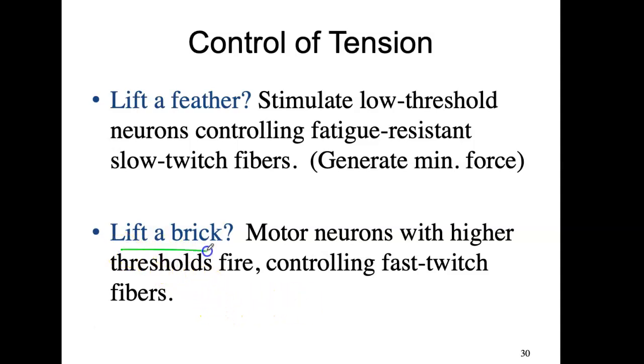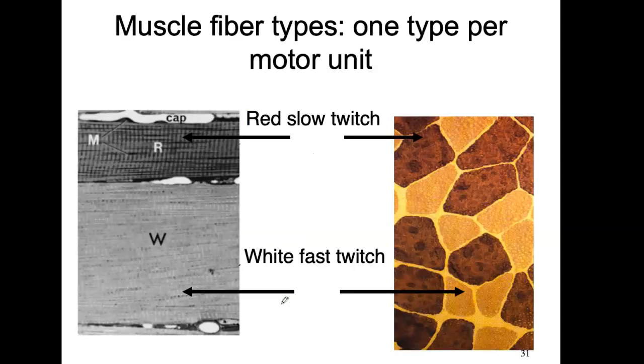When you're trying to lift a brick, motor neurons with that higher threshold are going to fire, and they're going to control those fast twitch fibers. Let me show you a little bit more about that. This is a photograph that has been stained, where you have these red slow twitch fibers and these white, not exactly white, fast twitch fibers. And they're all mixed up like that within your muscle.